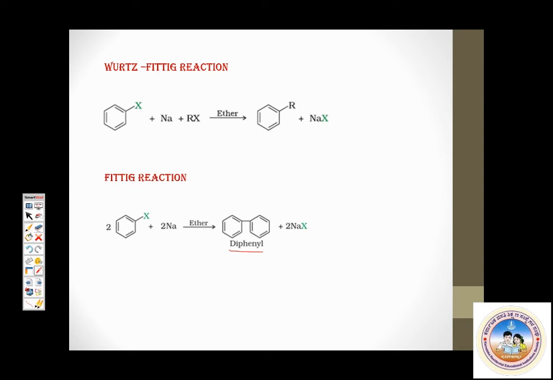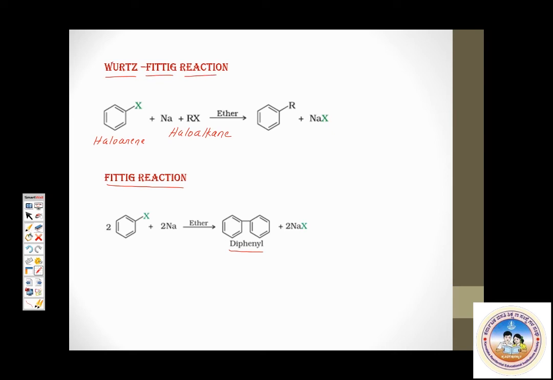So Fittig reaction involves haloarenes, Wurtz reaction involves haloalkanes. Then what if you have both haloarene and haloalkane? The corresponding reaction with sodium metal is called Wurtz-Fittig reaction, a combination of both Wurtz reaction and Fittig reaction.